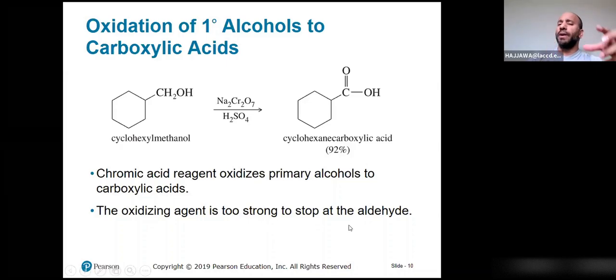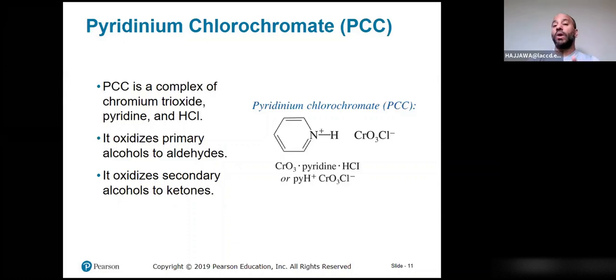Now, what if I throw in chromium trioxide, sulfuric acid? Will it do the job of taking a primary alcohol to a carboxylic acid? Yes, indeed. However, if you use other chromium reagents, such as PCC, pyridinium chlorochromate, or PDC, which is pyridinium dichromate, what do we have in those two reagents?